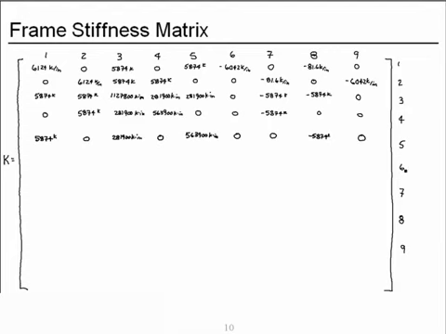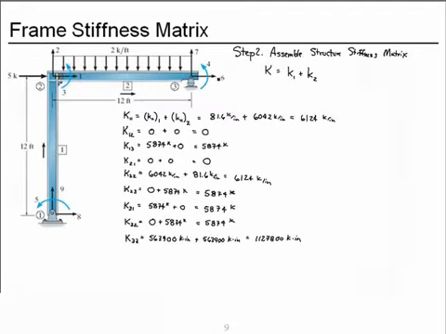Now rows 6 and 7. We can obtain rows 6 and 7 because they are both at the same node, and so they will both come from just element 2's stiffness matrix, and the columns 5, 8, and 9 will be 0 coefficients for each of those 2 rows.